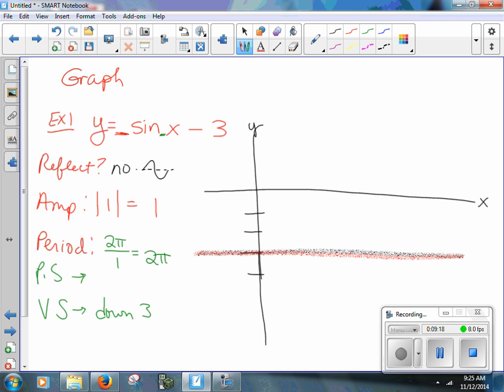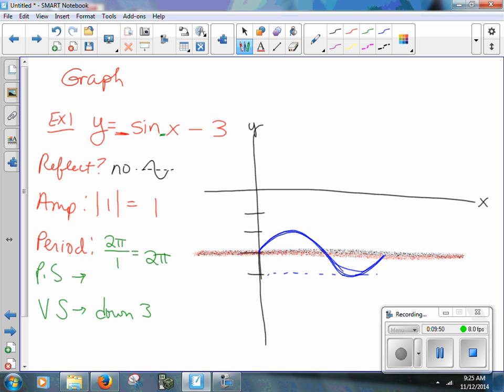I'm going to go up here. I have to go up 1 unit, and then back down, and then back up. It better hit about 1 unit below the oscillation line, because the amplitude is the height above the oscillation line and the height, if you will, below the oscillation line. That's better, right there.